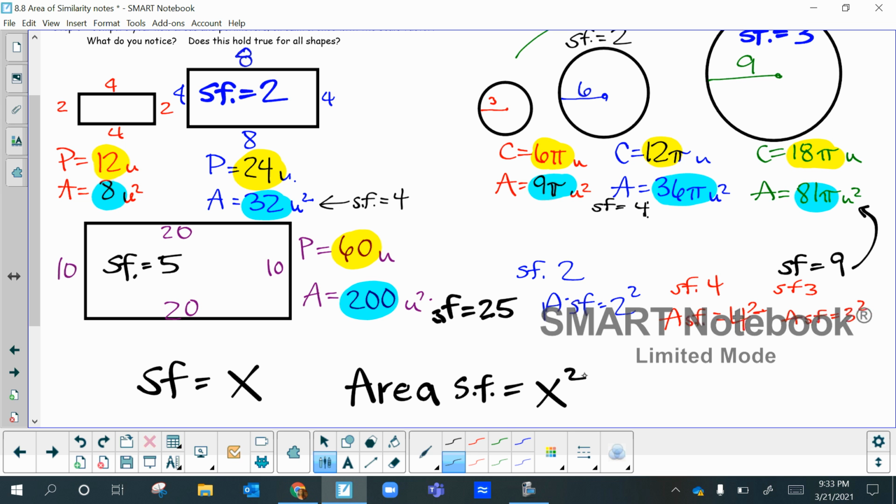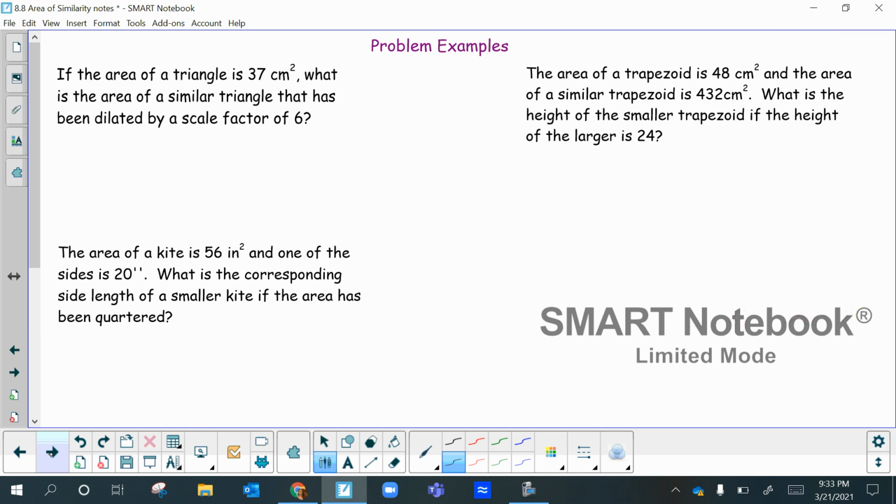Or you can write the ratio. If the ratio is from A to B, then your area ratio is going to be A squared to B squared. All right, so let's take a look at some problems on how we need to make sure we use that whenever we're working with side lengths or area of similar figures.